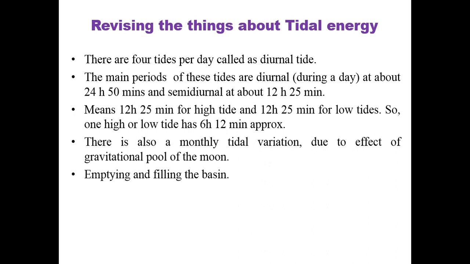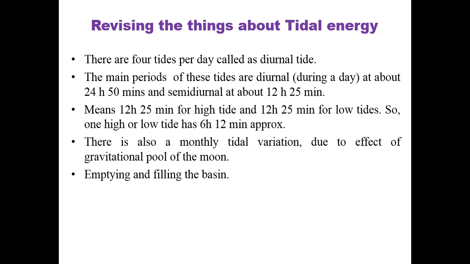If we talk about the main time frame, the period of these tides, particularly diurnal tide, there will be 2 high tides and 2 low tides. Combining the same, the day could be approximately 24 hours 50 minutes, or specifically 24 hours 48 minutes.